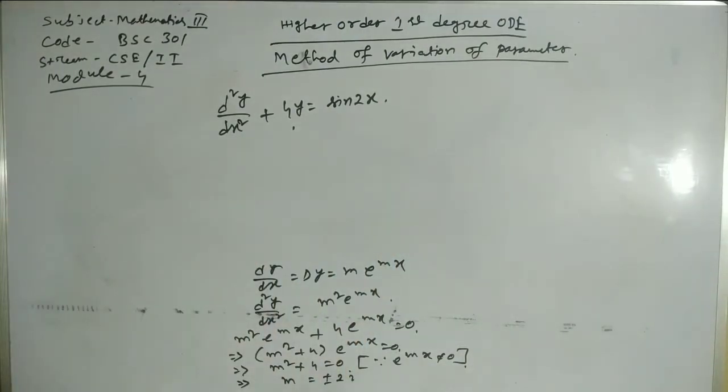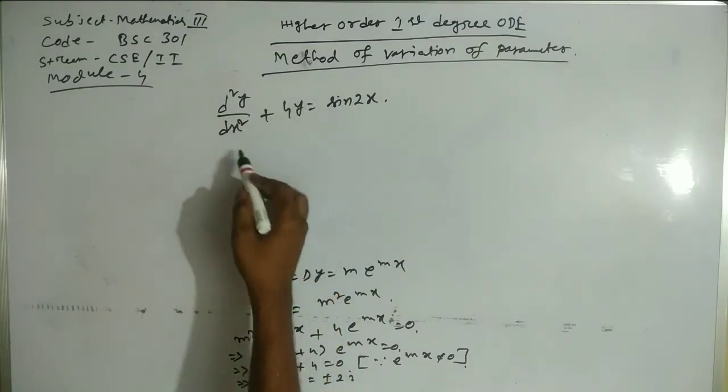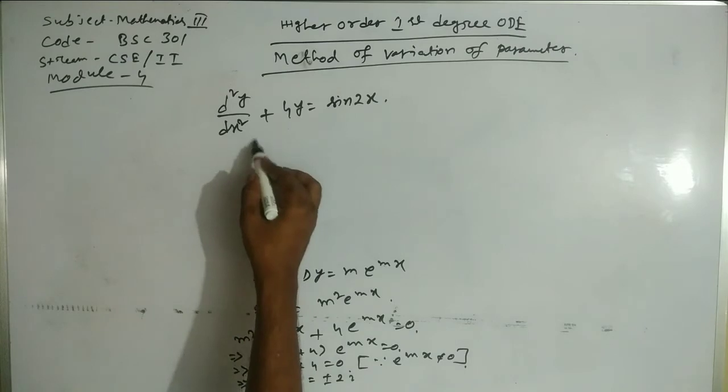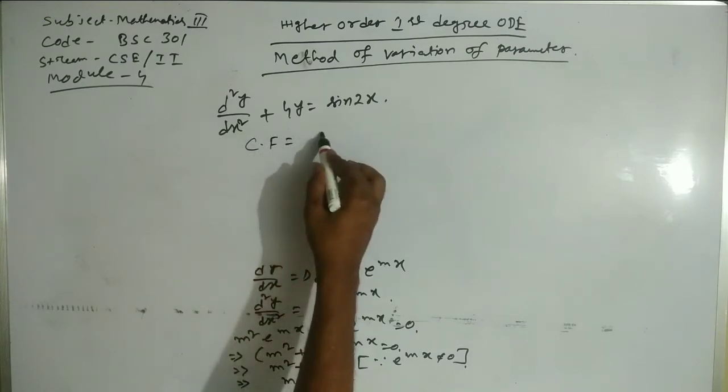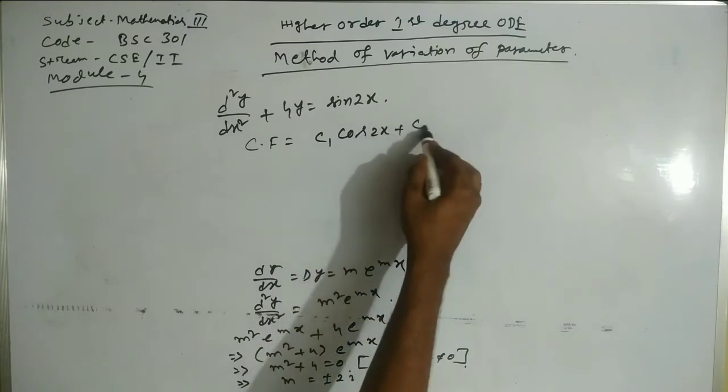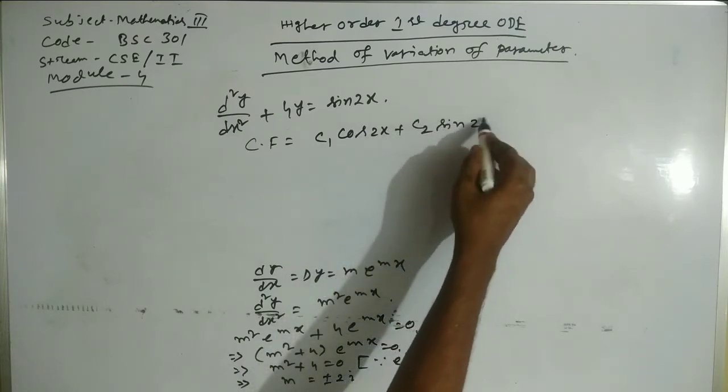Since the roots of the auxiliary equation are complex, as I have already discussed in the procedure of complementary function, if the roots are complex, then CF will be C1 cos 2x plus C2 sin 2x.